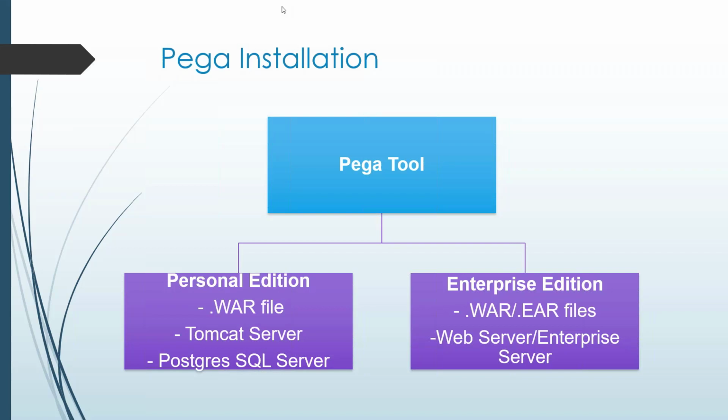What is PostgreSQL? It's like a DB server, like your Microsoft SQL or IBM DB2. In the enterprise edition we can have our choice, but with the personal edition, it's fixed.